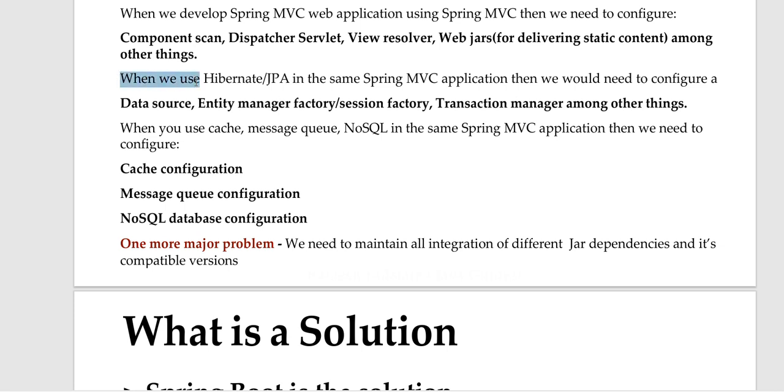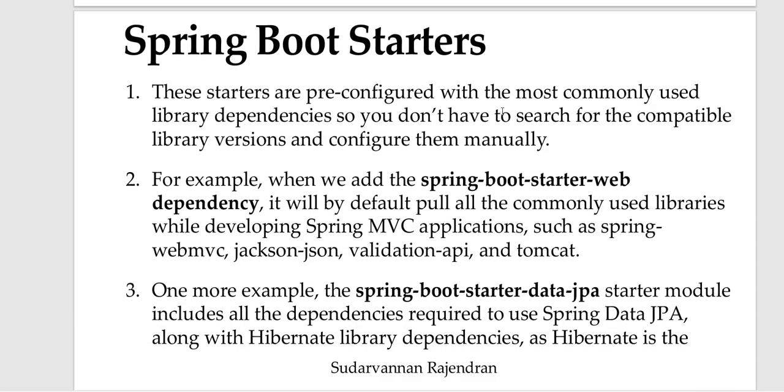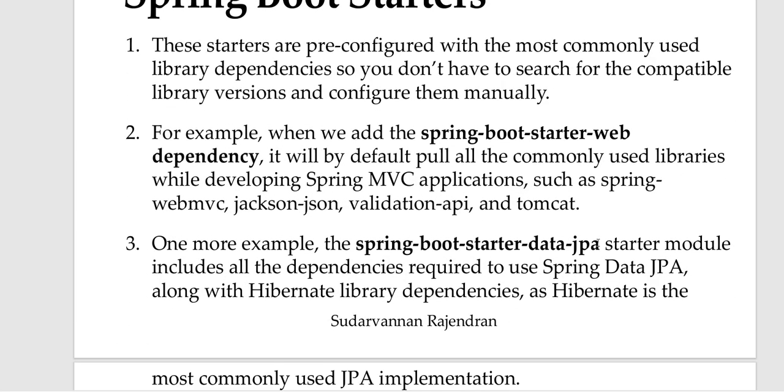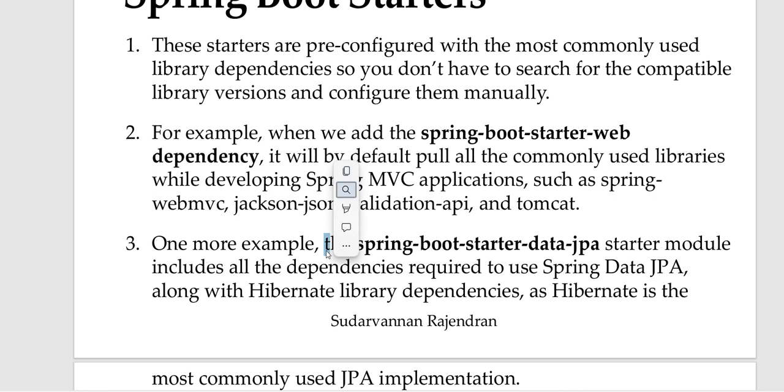When we use Hibernate JPA in the same Spring MVC application, we need to configure the below things: data source, entity manager factory, transaction manager, among other things. Though you need to integrate and configure these things individually, now you just need to add the Spring Boot starter data JPA dependency in the POM file and build the application. It will be auto configured, like it will be pre-configured.